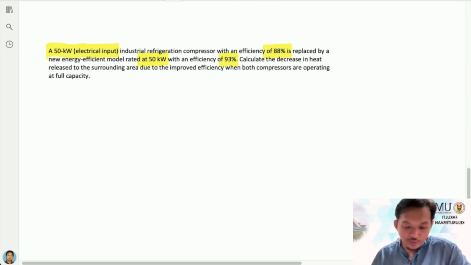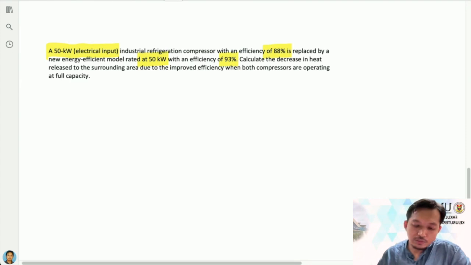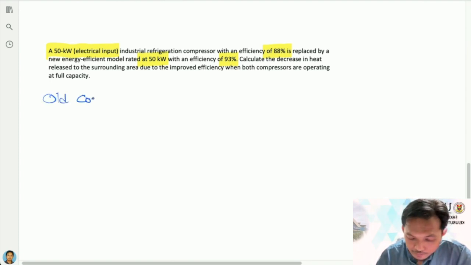Okay. Right. So here, we analyze the old compressor first to calculate how much heat is being generated, as compared to the new compressor, and then from there we can identify the decrease in heat release. Okay. So for the old compressor, the electrical input is 50 kilowatt, right?